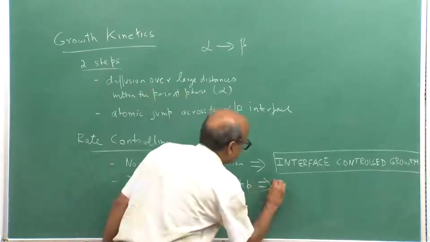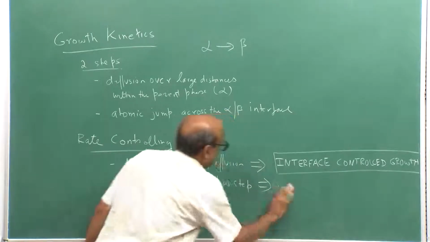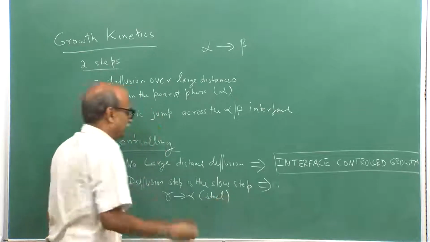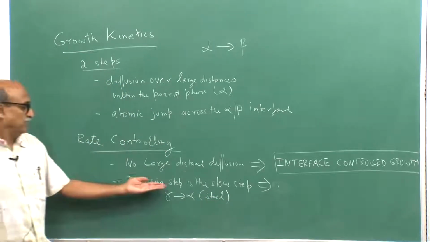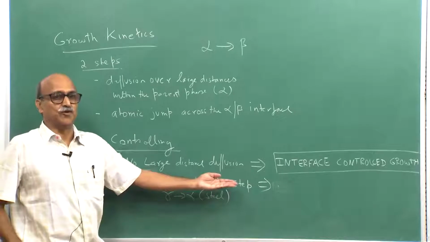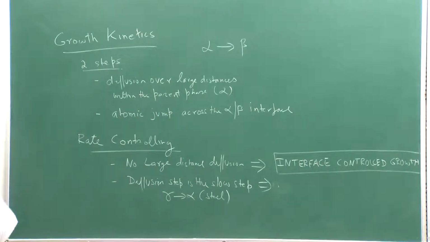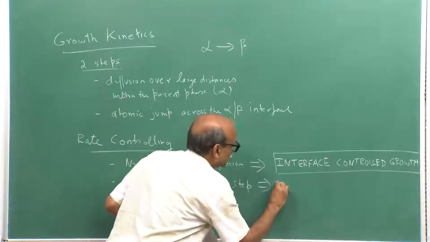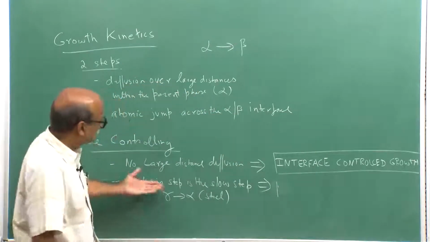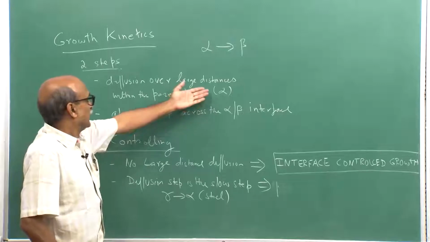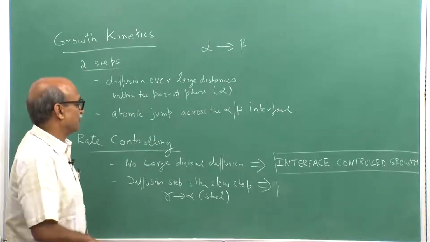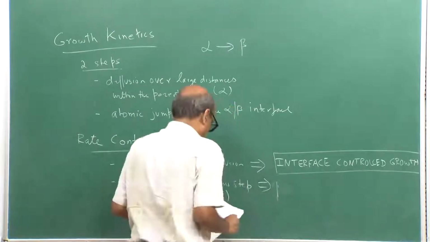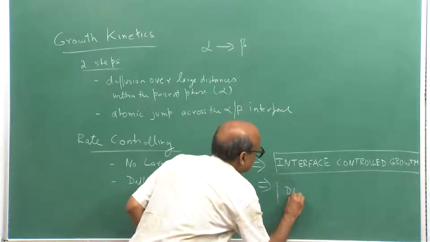So, gamma to alpha in steel. Here large scale diffusion of carbon atoms would be involved. Such growth kinetics, where only the diffusion over large distances in the parent phase is involved in growth, is called diffusion controlled growth.